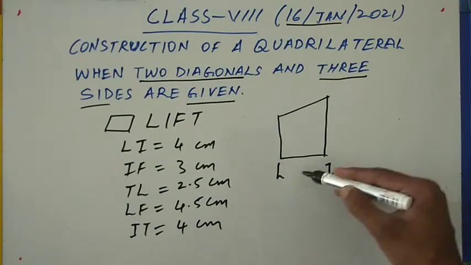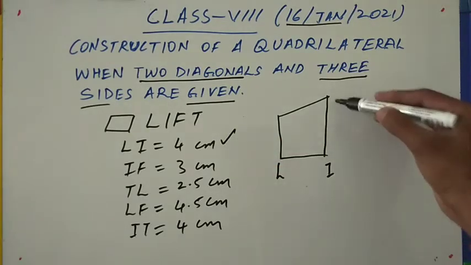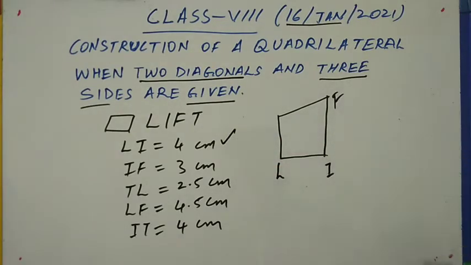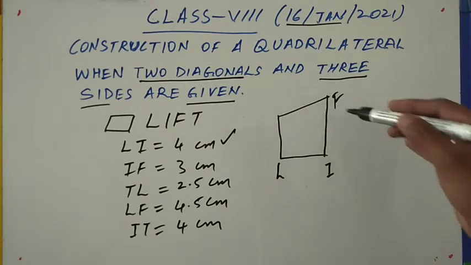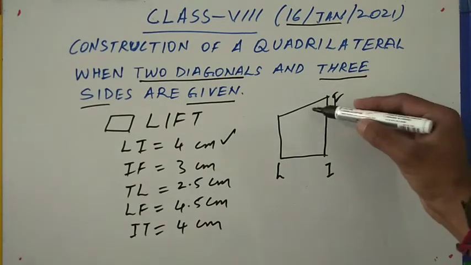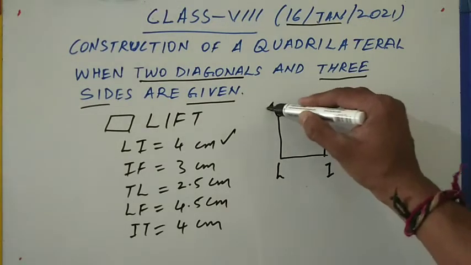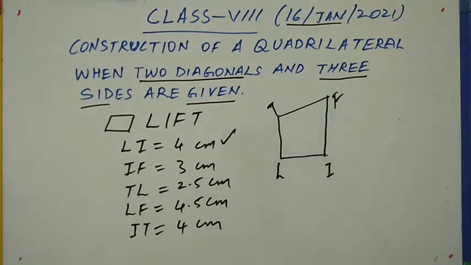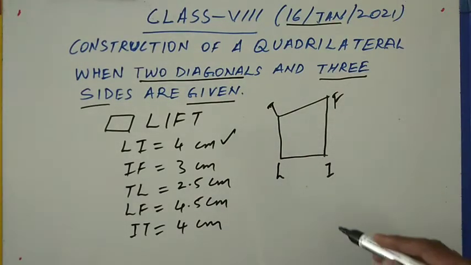Children, with the letters given LIFT in a quadrilateral, we know that LI is one side known to us, IF is another side known to us, FT is not given to us, but TL is known to us.